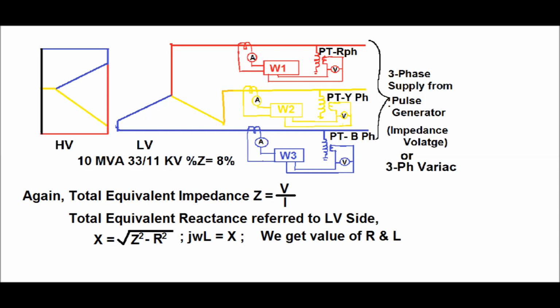From the values of Z and R, we can get the total equivalent reactance referred to the LV side, X equals root over of Z square minus R square. Now X equals j omega L. So we get the equivalent resistance and equivalent inductance referred to the LV side in the short circuit test.